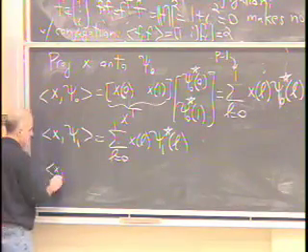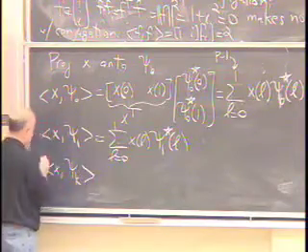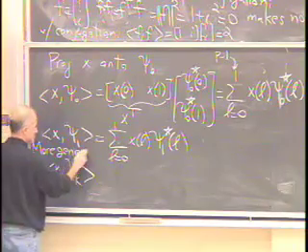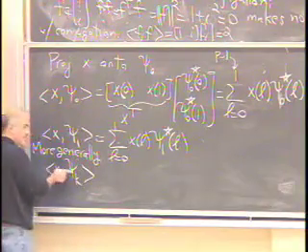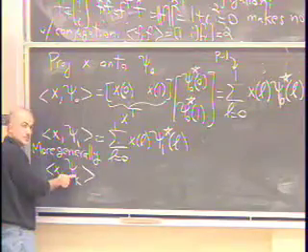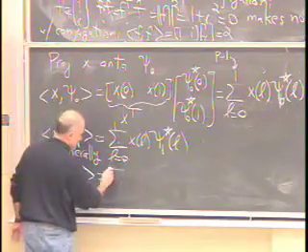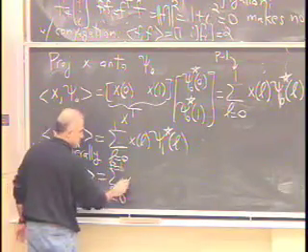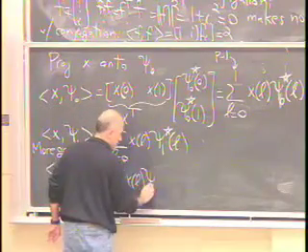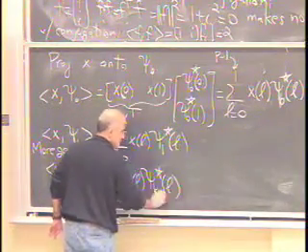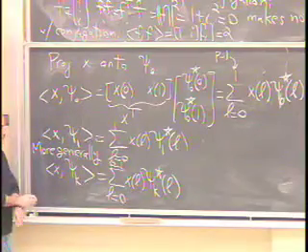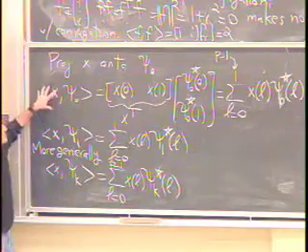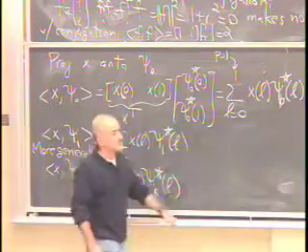So to find the kth coefficient in general, I project x onto CK, and on this side I have L equals 0 to P minus 1, X of L, CK complex conjugate of L. I'm not done yet, because all I've done is project the left side of that equation.